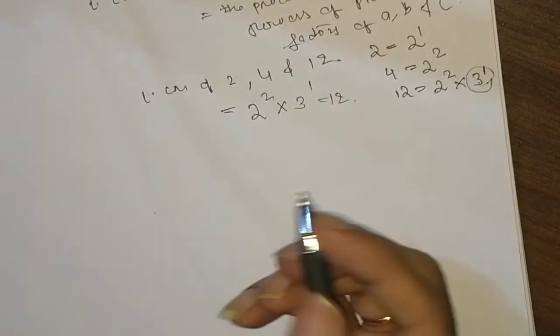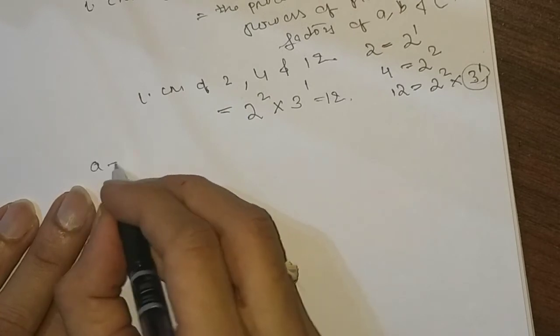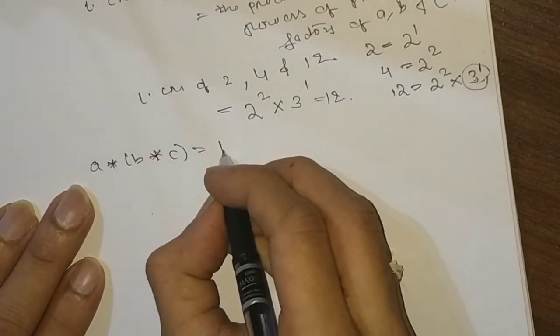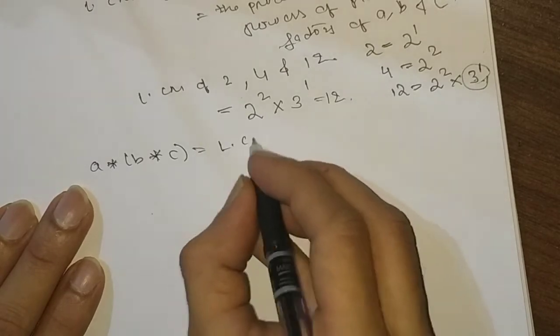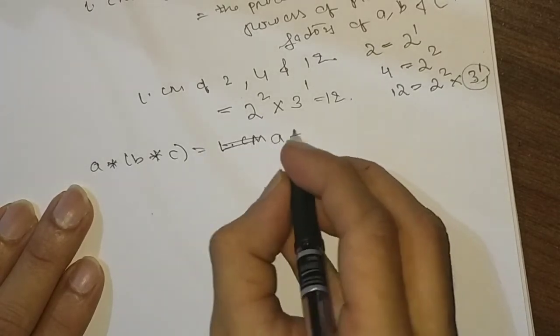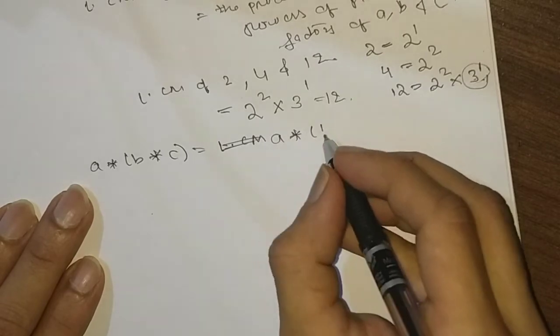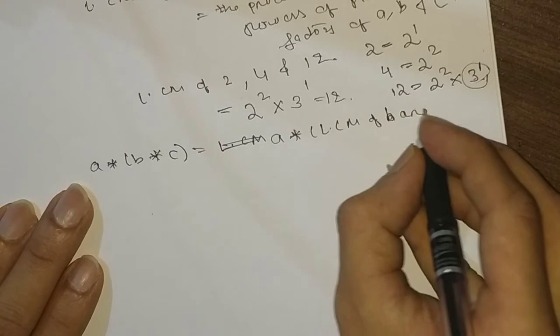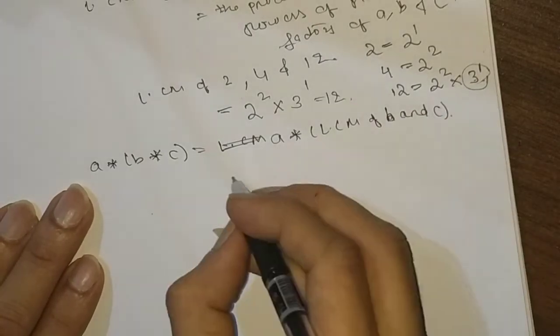That you can do. So what we can say is A star (B star C) is equal to nothing but LCM of A and the LCM of B and C, like this.